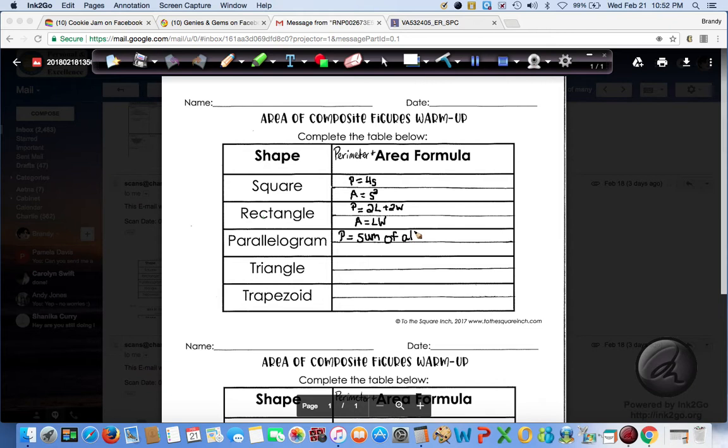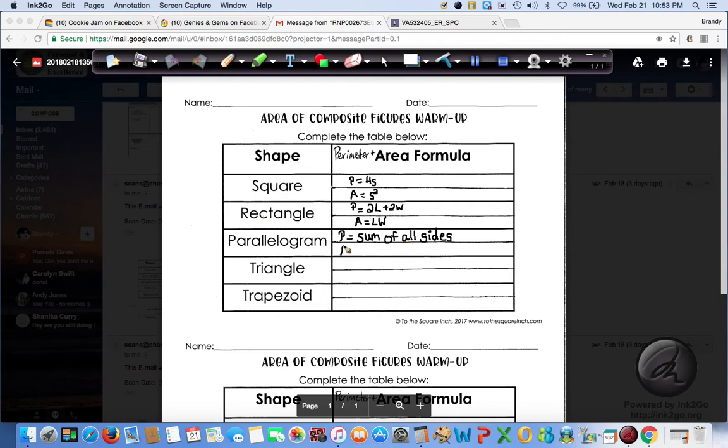A parallelogram has 4 sides, just like a rectangle, so you would have 4 numbers that you would add together. Also, like a rectangle, in a perimeter, the top and the bottom are the same, and left to right are the same. So they may only give you 2 numbers in a parallelogram, but you can add the other 2 so that you can add them all together.